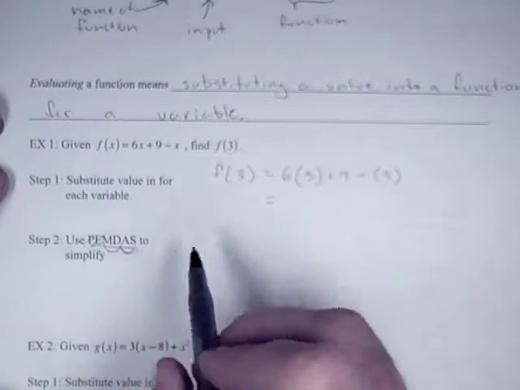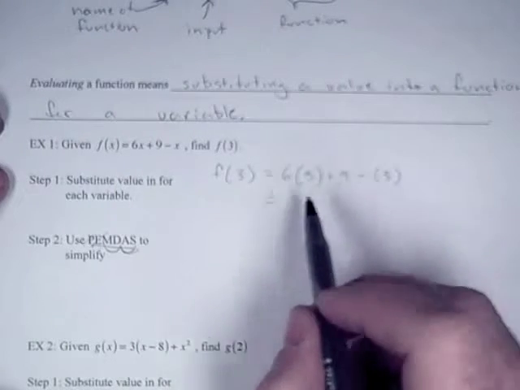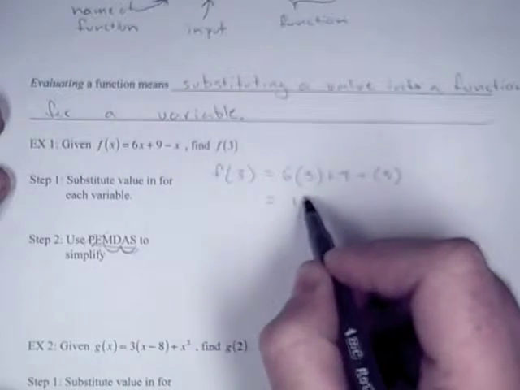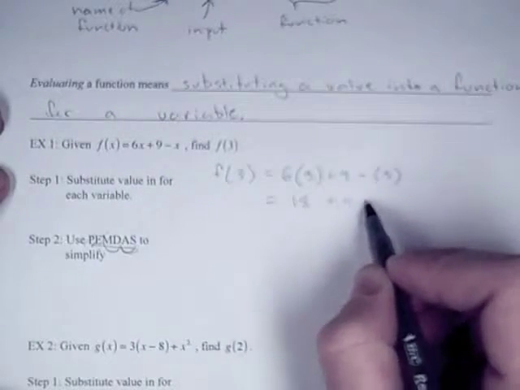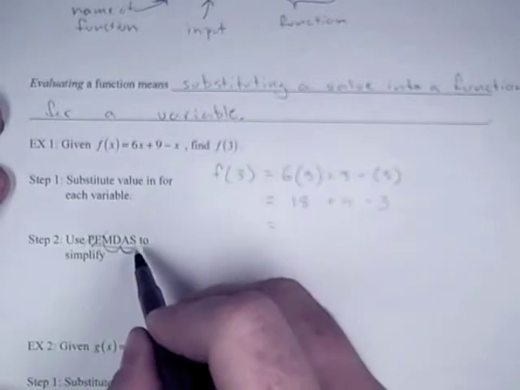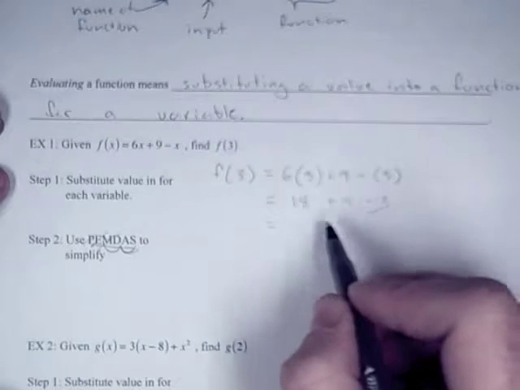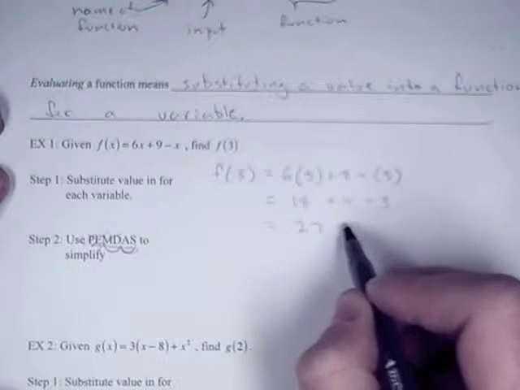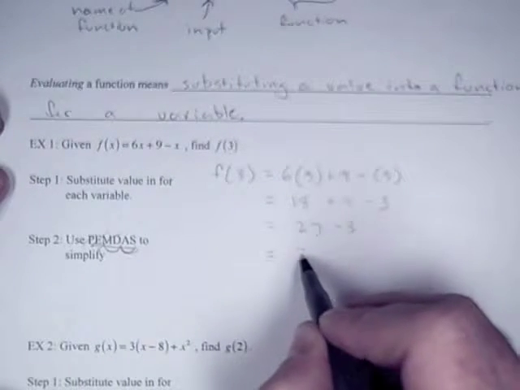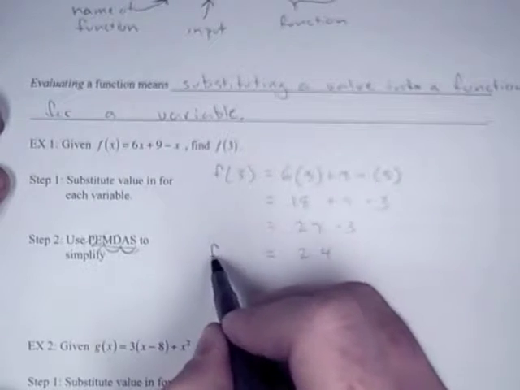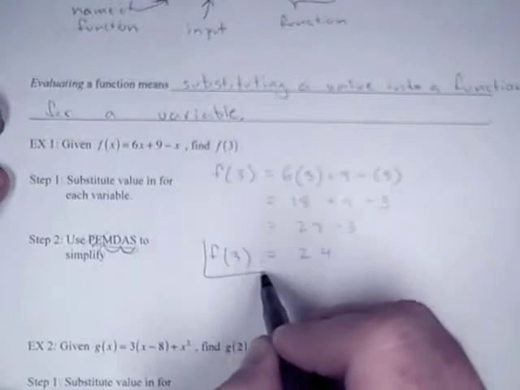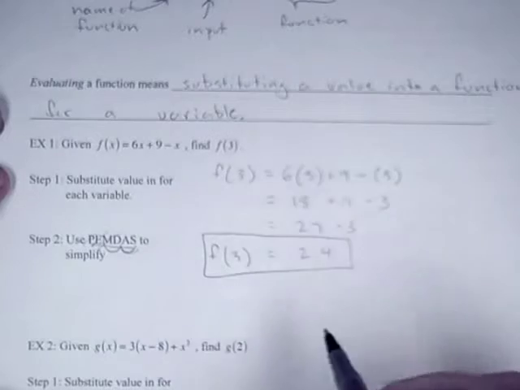Multiplication and division, and we do both of those from left to right. So I see 6 times 3 is 18, plus 9 minus 3. Then addition and subtraction from left to right. 18 plus 9 is 27, minus 3, and that is 24. So f of 3 equals 24.